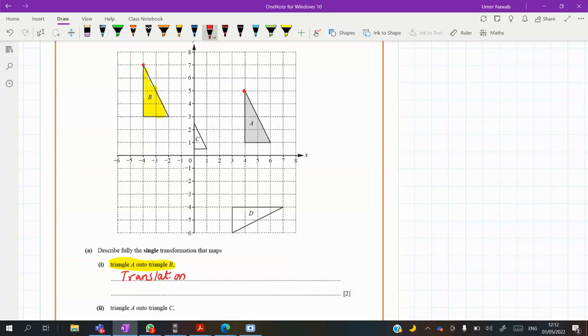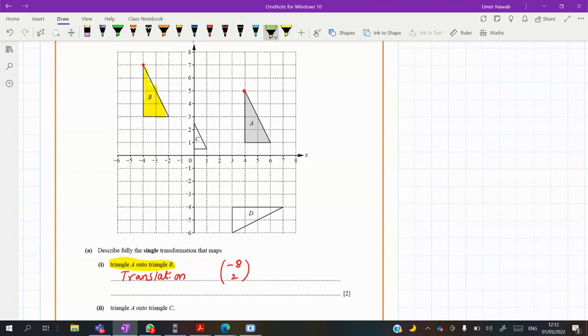So how it is moving: one, two, three, four, five, six, seven, eight, 1, 2. So I go 8 left and 2 up. So my column vector will be -8, 2. So every point in the triangle A has moved 8 units left and 2 units up.